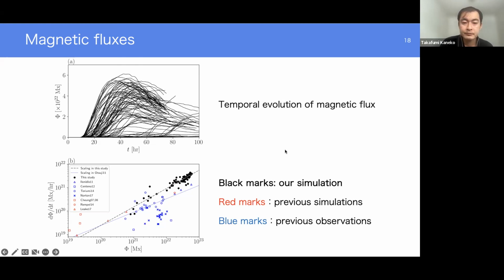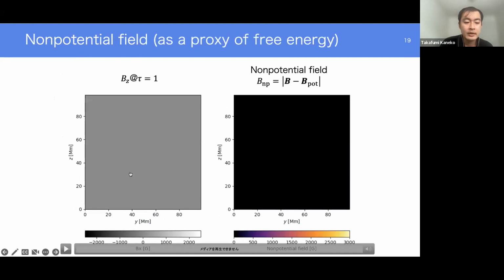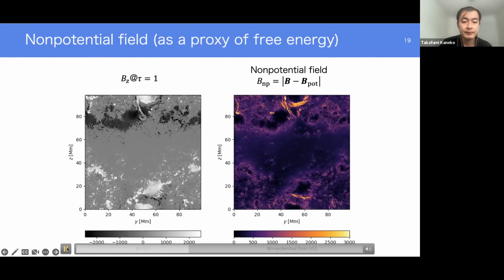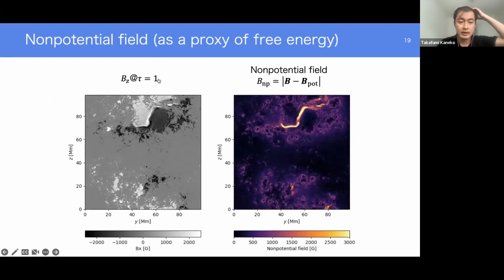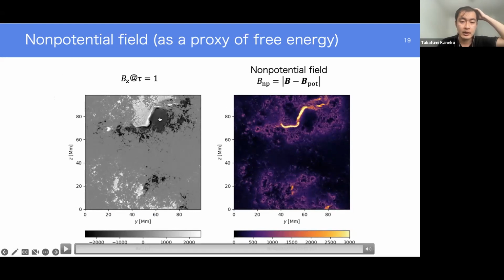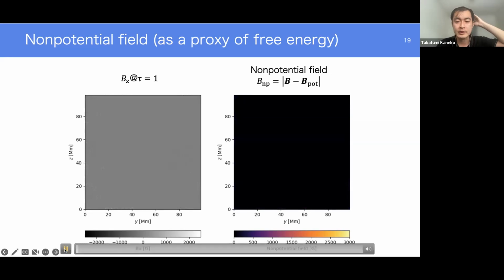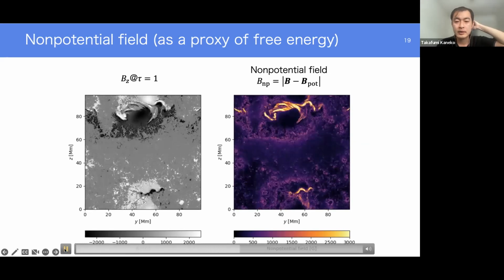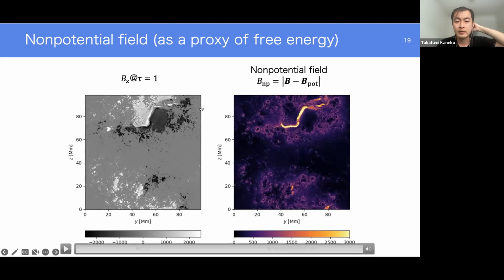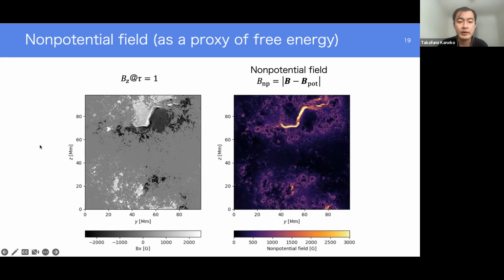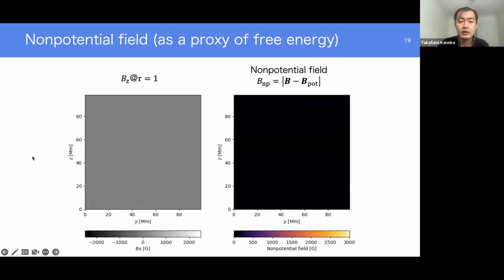So I will discuss the non-potential field. This is a time evolution of the potential component, and this is a time evolution of the non-potential field. Basically, the non-potential field is distributed along the polarity inversion line. This is very consistent with the observation.